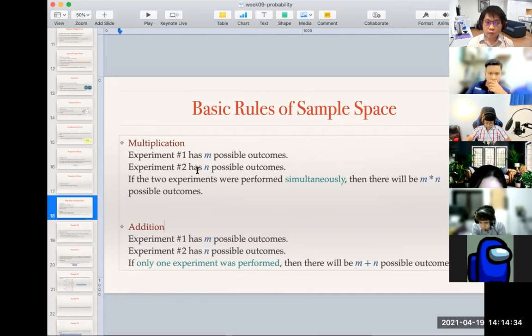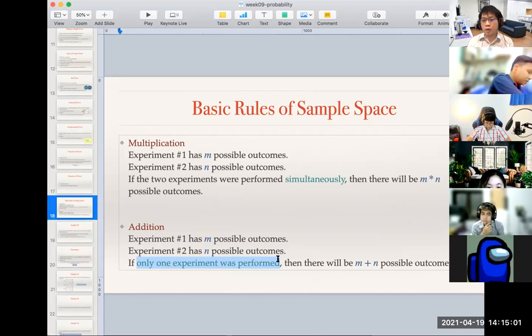For the multiplication of sample space, the two experiments need to be performed simultaneously, together. But for addition, you are only given the chance to perform one experiment.